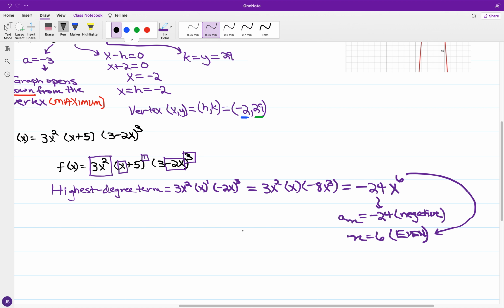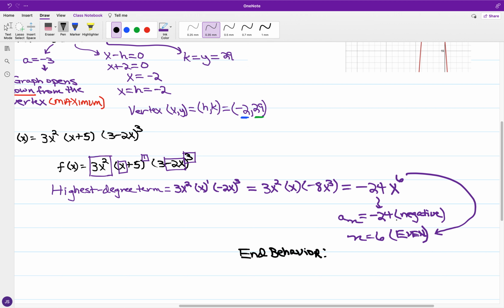And so this is going to signal, concerning the end behavior, that you have an even powered function, so both to the left and to the right, it's either going to move up on both sides or move down on both sides.